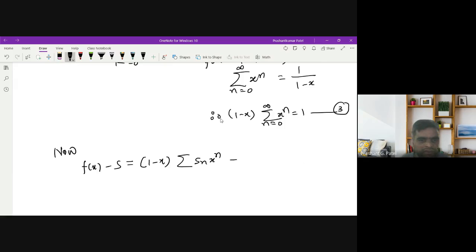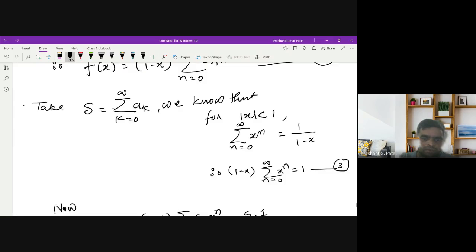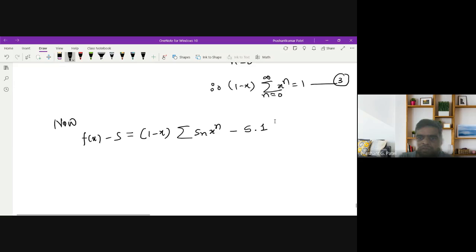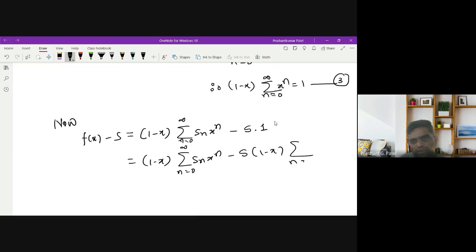And what is S? We write S as S into 1, and instead of 1, we'll use equation 3. So this is as it is, 1 minus x summation Sn x raised to n running from 0 to infinity, minus S into 1 minus x into the summation n running from 0 to infinity of x raised to n.